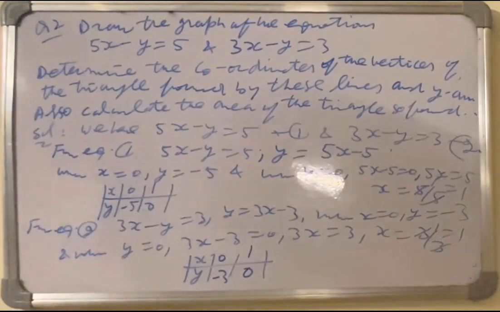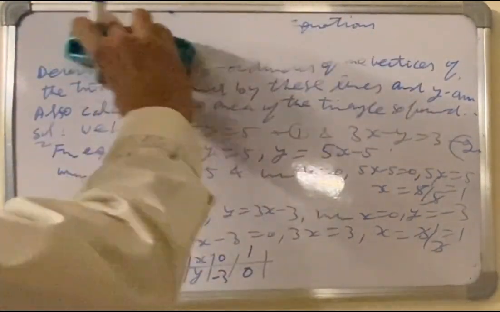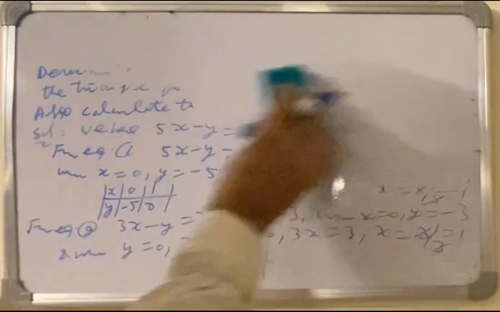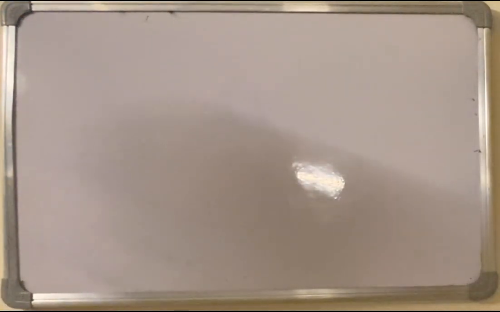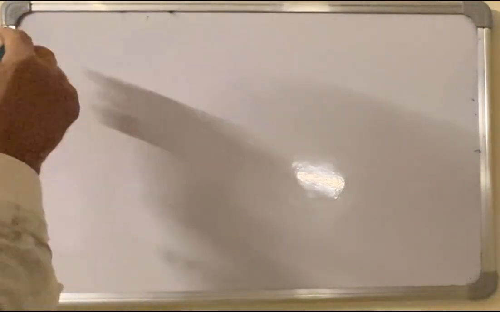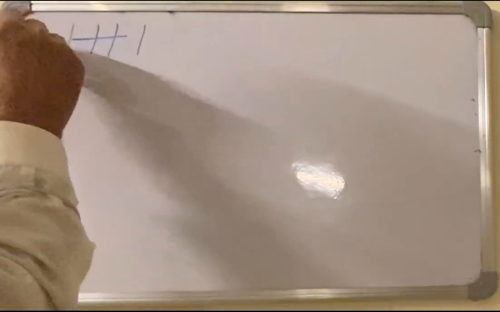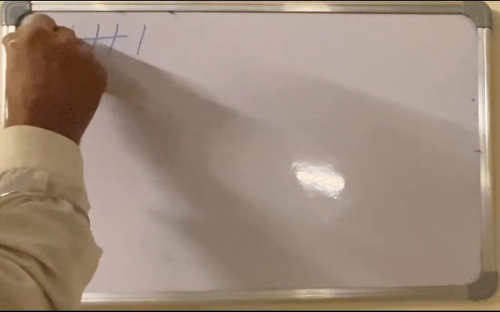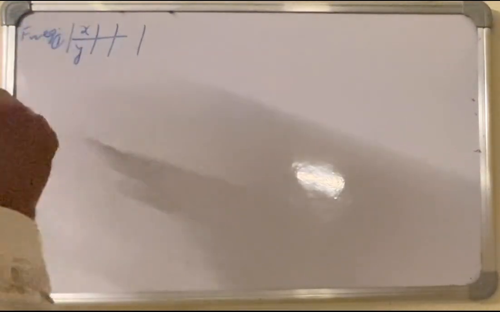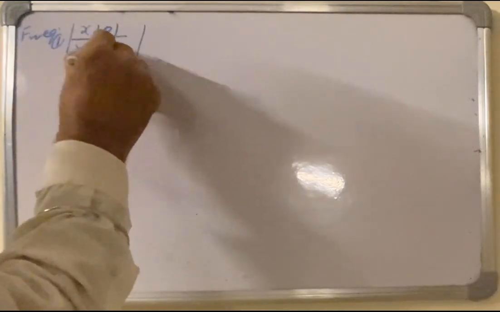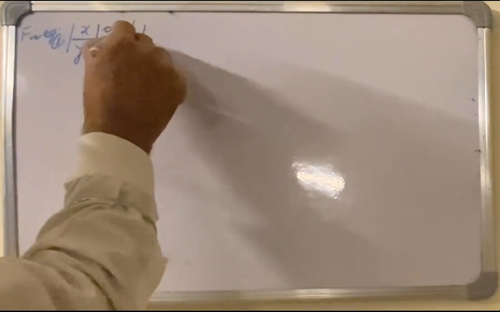Now we want to draw these points on the graph. The given points of equation 1: x 0, y minus 5, y 0, x 1.